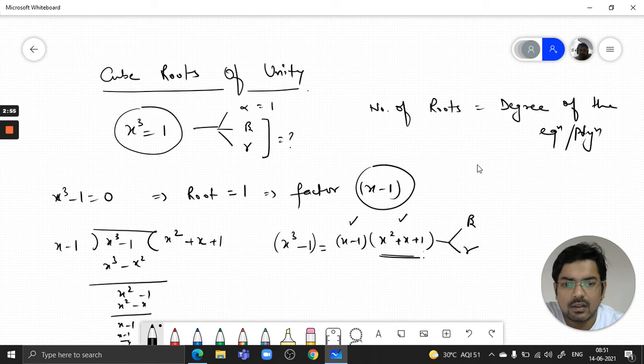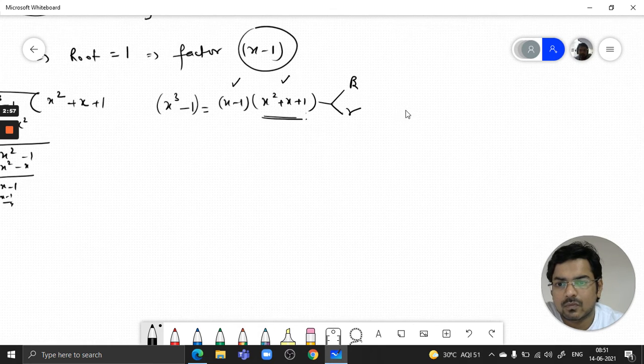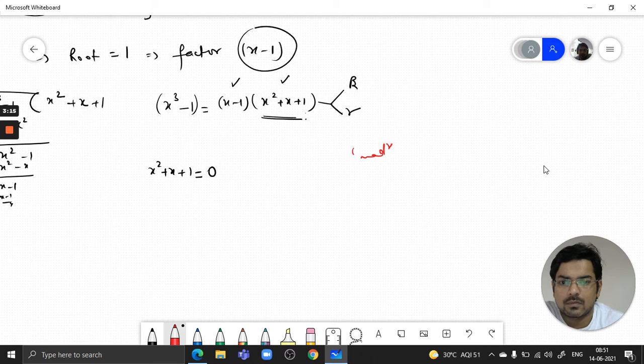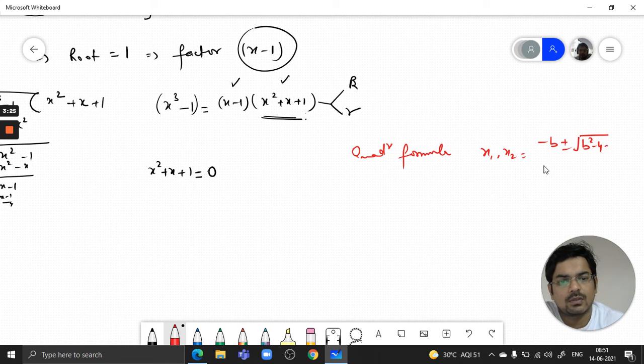So how do we find that? This is a quadratic equation. To find the roots of a quadratic equation, we apply the quadratic formula, which is x equals minus b plus minus square root of D upon 2a, where D is b square minus 4ac.